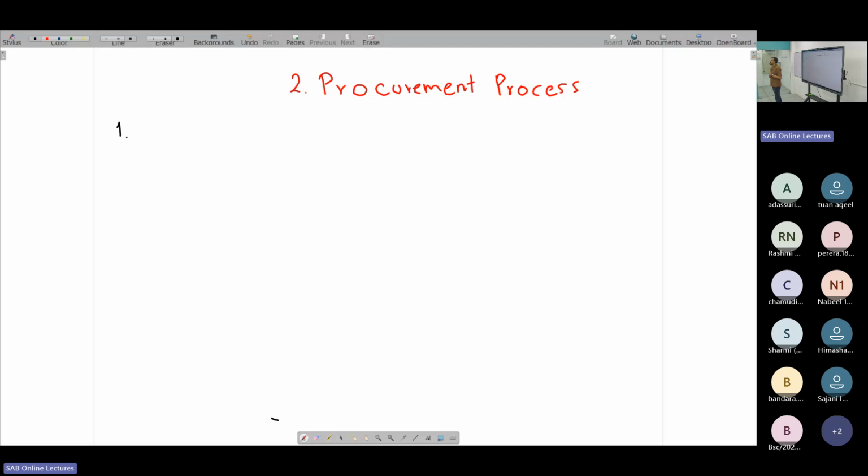What is the first step we should do when it comes to purchase? Last class we discussed the overall purchase from the salesperson's point of view, and now from the buyer's point of view. So what is the first step? If you want to buy a laptop or mobile phone, what is the first step you will take?